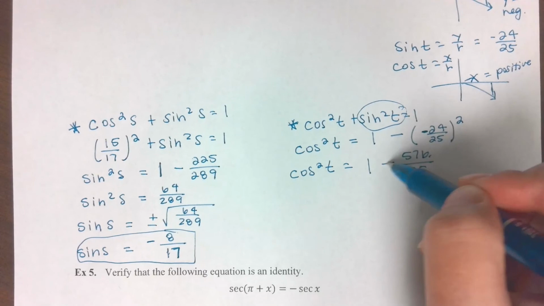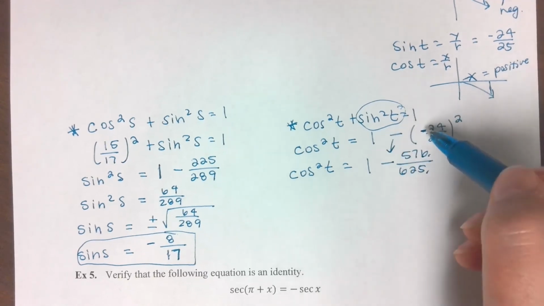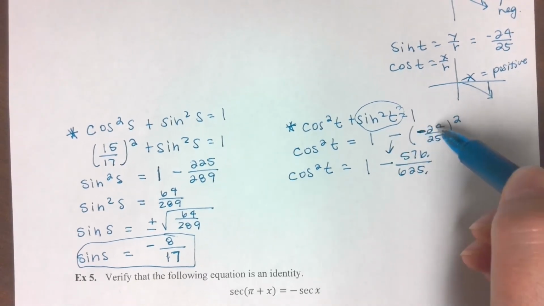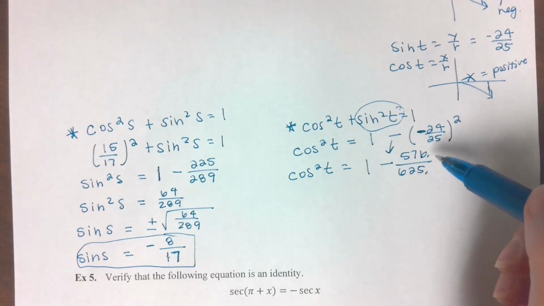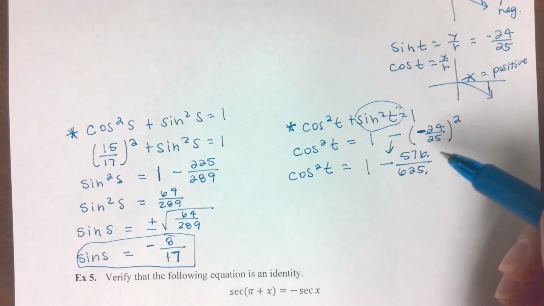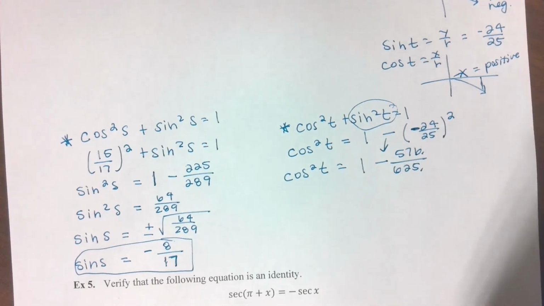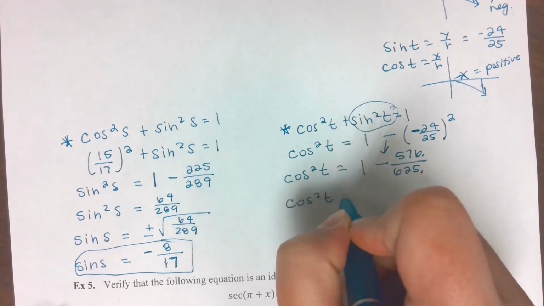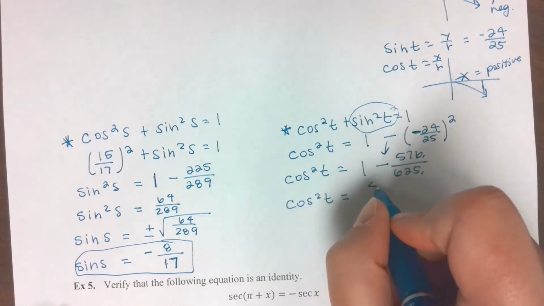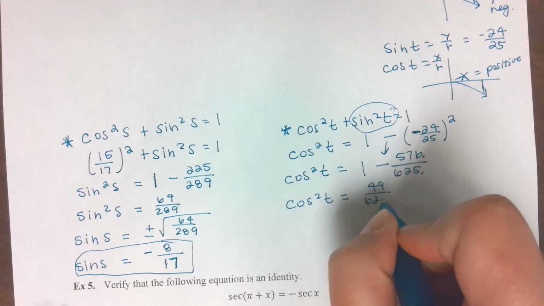This minus is coming from right here, but this minus, when you square, becomes a positive. So make sure you're watching your signs. So 1 minus 576 over 625 gives me cosine squared t equals 49 over 625.